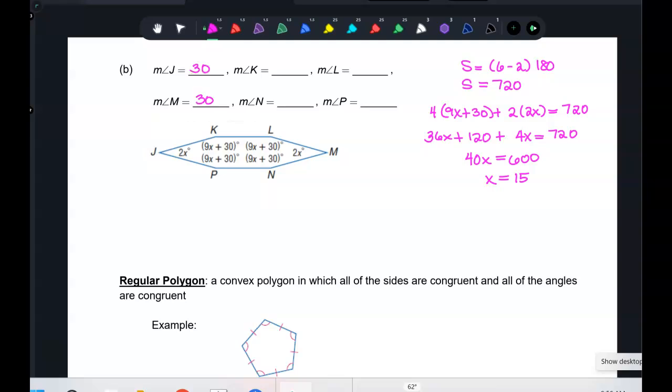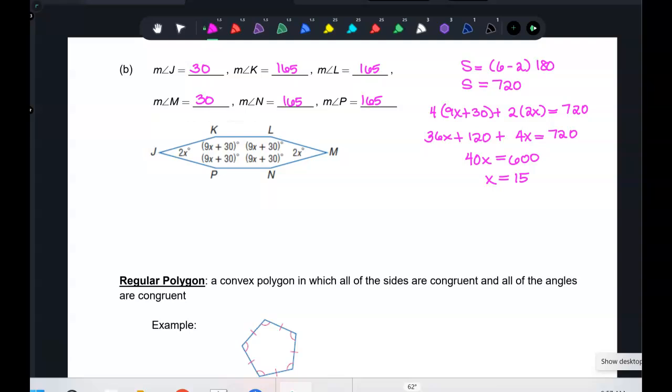M is 30. Because 2 times 15. Yeah, so these two will be 30. Okay, now 9 times 15 plus 30. What are all the other angles? 165. Good.